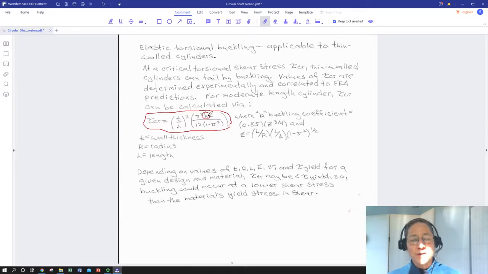So our K over here, which is linearly related to our maximum critical amount of shear stress we can apply, is equal to 0.85 times some Z factor raised to the 3/4, and Z is now a function of length divided by the radius of the shaft times length divided by the thickness of the shaft.